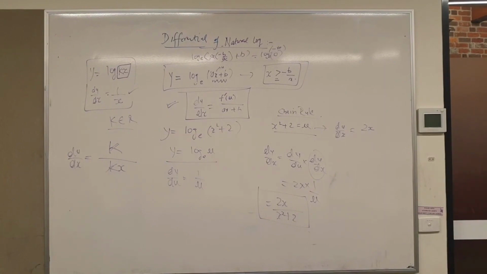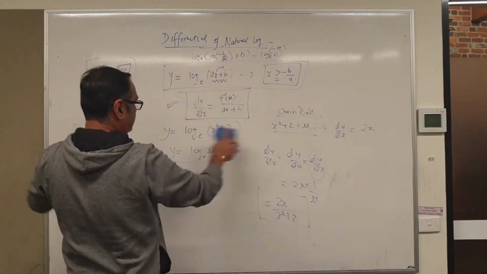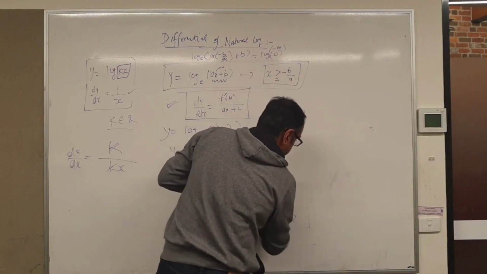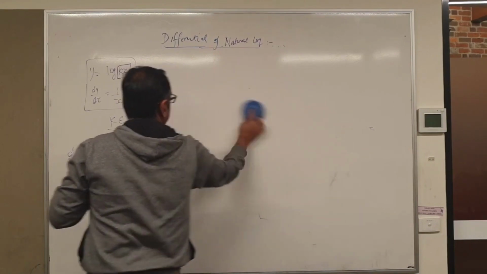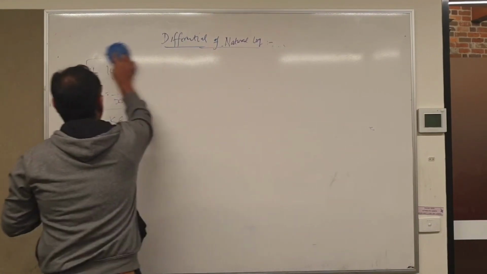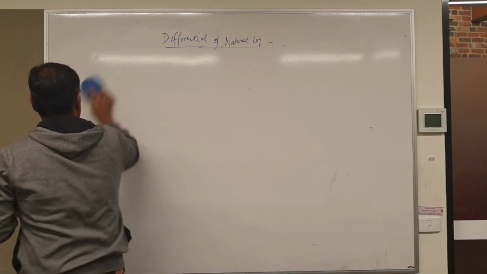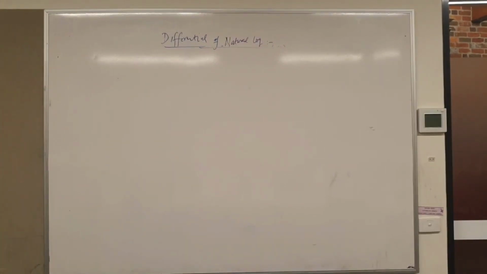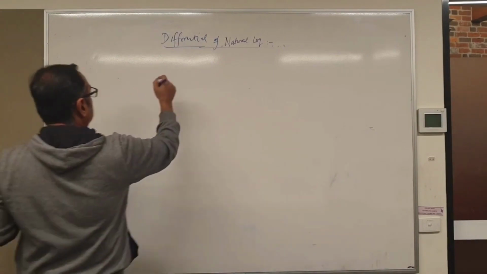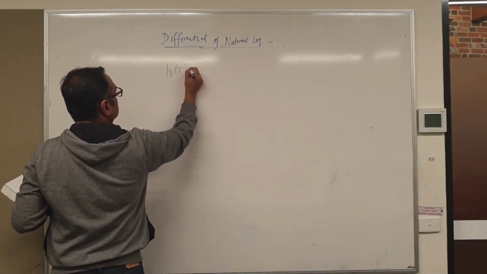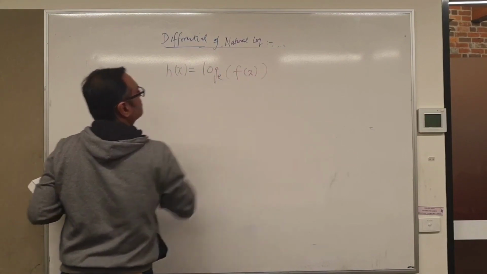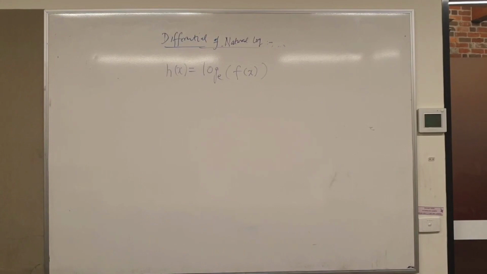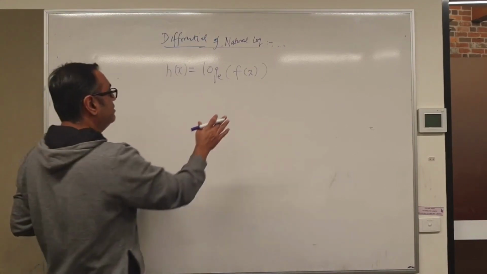So if I were to quickly summarize it, and take all of that complexity off the board and give you an even simpler rule for logs, I can say that there's a function h of x which is log of a function f of x.